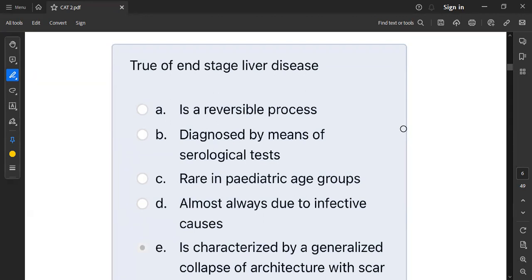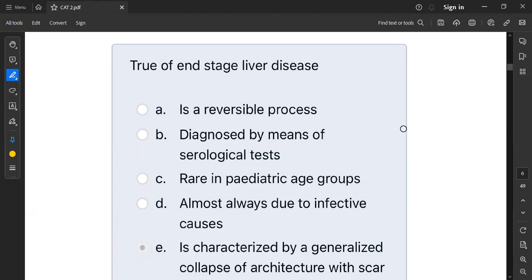So what is most definitive, or which is the best description of end-stage liver disease according to the choices? E, exactly. It is characterized by generalized collapse of architecture with scar formation. And it's usually non-reversible and most commonly a result of decompensated cirrhosis. I think that is clear. Maybe we can move to the next question.